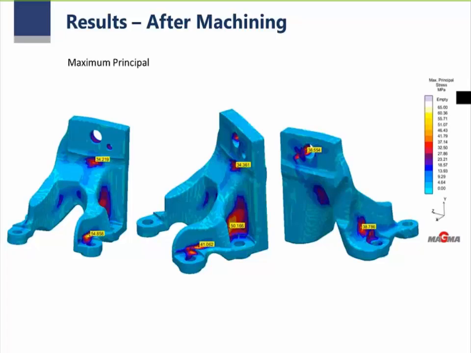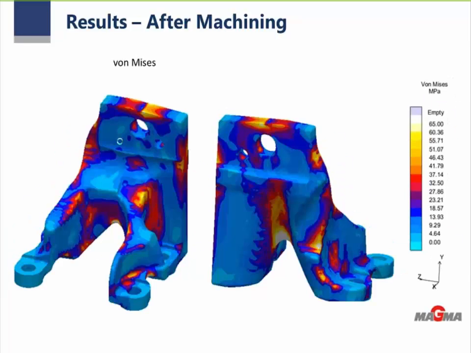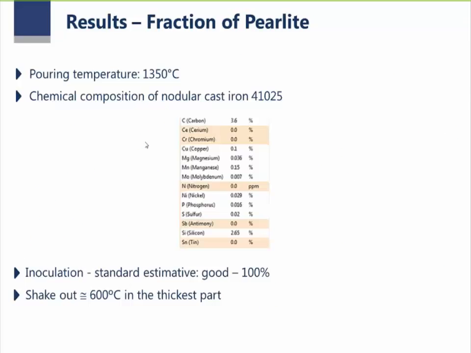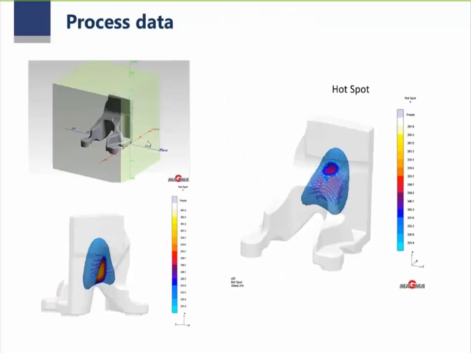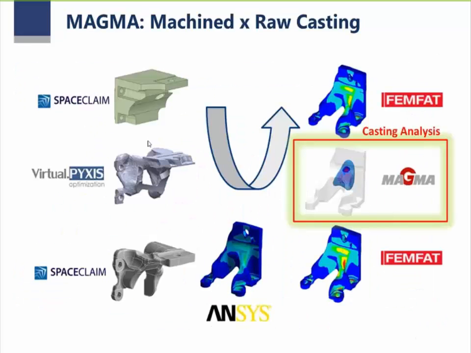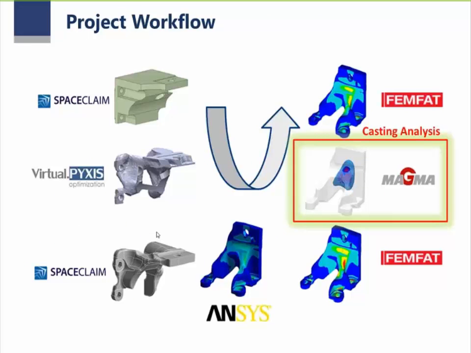When you are starting the optimization, you have to give the software the manufacturer's splitting direction, for example up and down or the lateral direction.